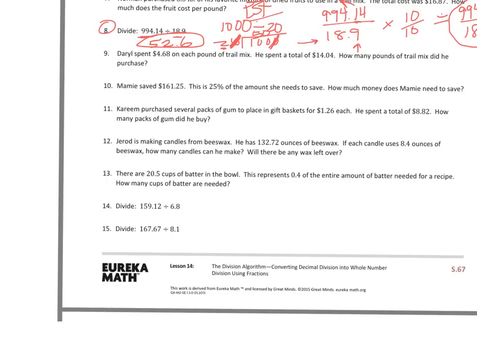So if it's 25% of what she needs to save, then I know that I have to do 161 and 25 hundredths divided by decimal 25 hundredths, because I can't leave it as a percent. I got to make it as a ratio, which is 25 out of 100, because all percents are out of 100, and then that can be turned into my decimal of this.